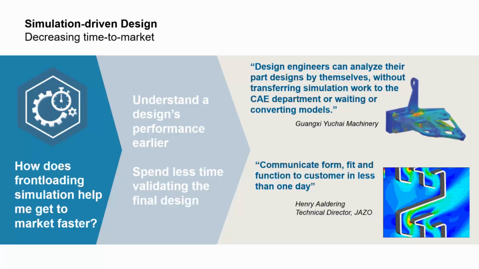But this company had very limited dedicated CAE resources. So it became impossible for them to feed the analysis results back to the design engineers. So basically, they just put the simulation tools in the hands of the designers. And they started using simulation to get really immediate feedback on how their designs would perform.